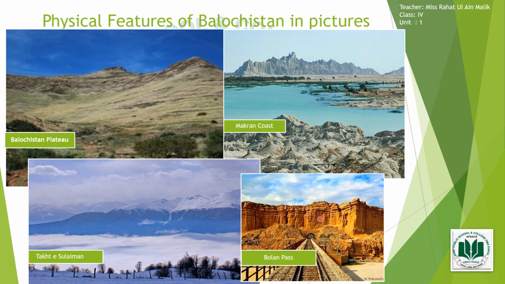Then I had told you that Bolan Pass is one of the most beautiful passes, and you can see it here. Then recall the mountain ranges, and we talked about Takhte Suleiman as the highest peak. You can see the Takhte Suleiman right here. I hope you have enjoyed the physical features of Balochistan. Well, I really have enjoyed them.